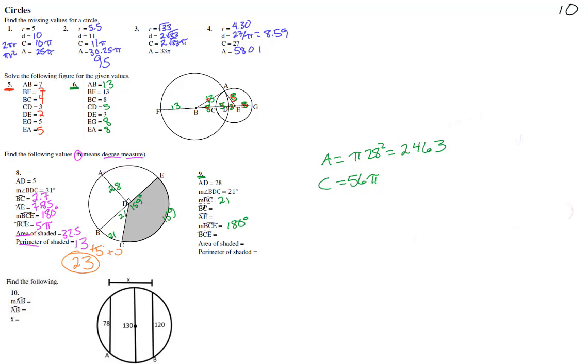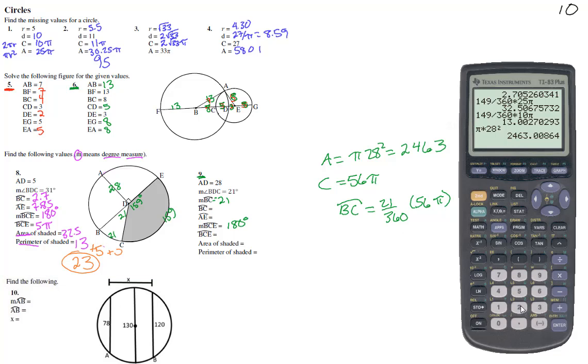So measure of arc BC is 21 degrees. Arc length would then be, so BC arc length is going to be 21/360ths of the circumference, which is 56 pi. Plug that in, 21/360ths times 56 pi. And that is 10.26.